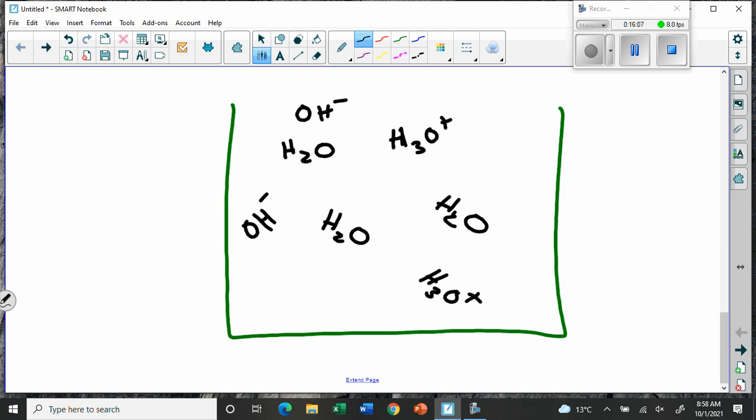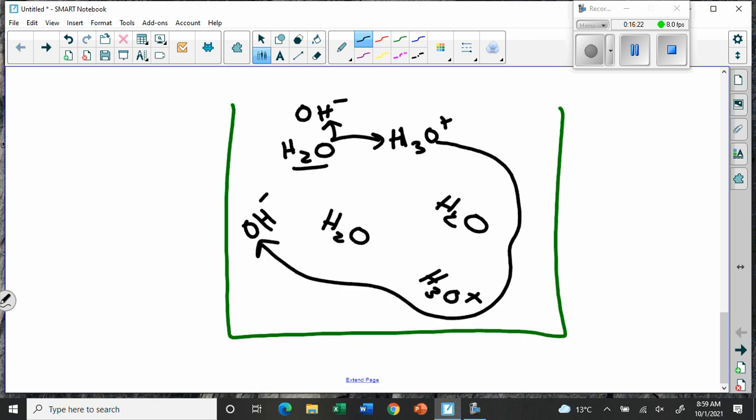And what's interesting is it's not just idly floating around. As they bump, they keep switching into each other. So this H2O right here might pop into an H3O, he might turn into two of these, and then this might go over here and swim around and bump into that and turn back into a water, and then this. So it's like a big jumble. It's like a big complicated dance where the H's are all being passed around from one to the other. And it's a creation of what we call an equilibrium in chemistry.